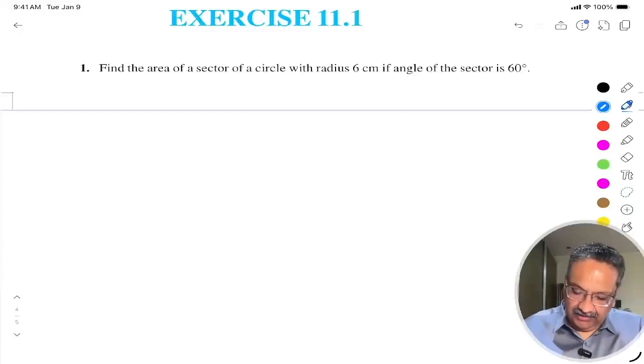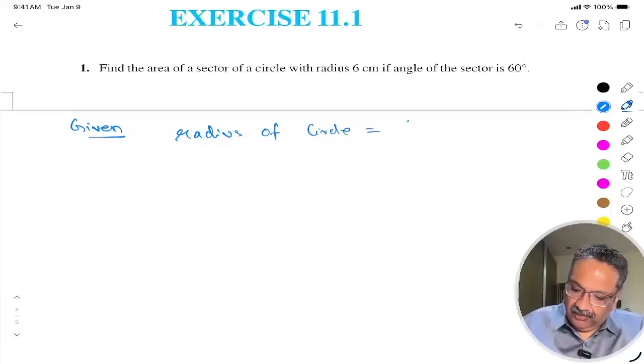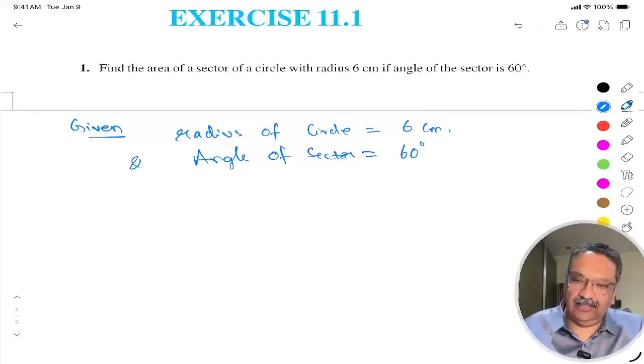Okay. What is given? Given radius of circle is equal to 6 centimeters and angle of sector is equal to 60 degrees. Alright, what is asked? Area of sector to find.